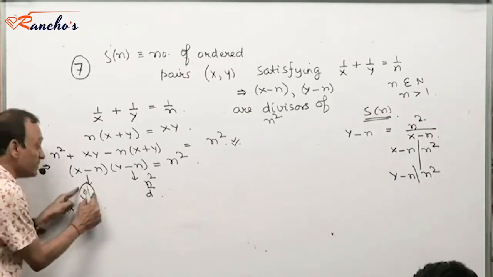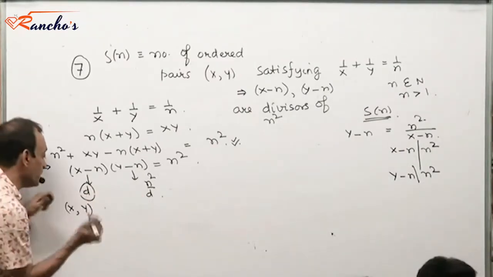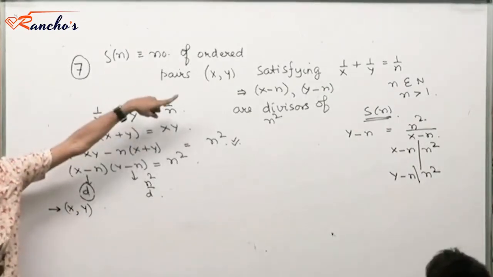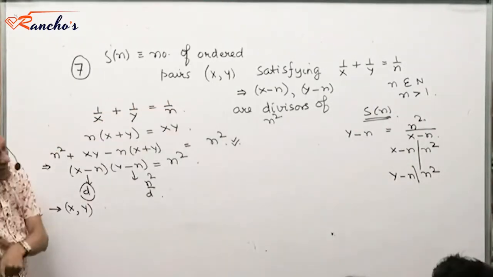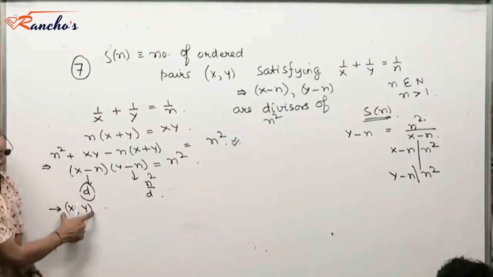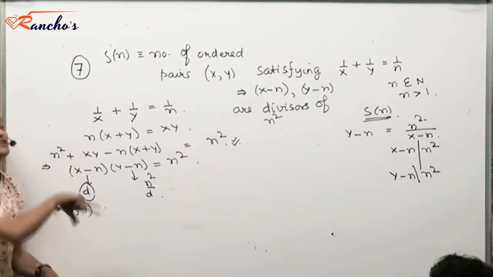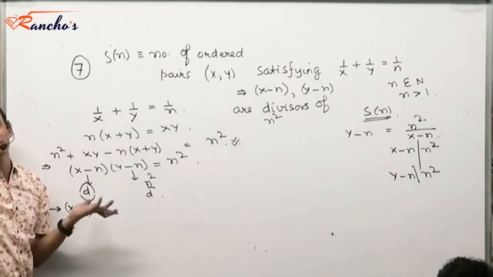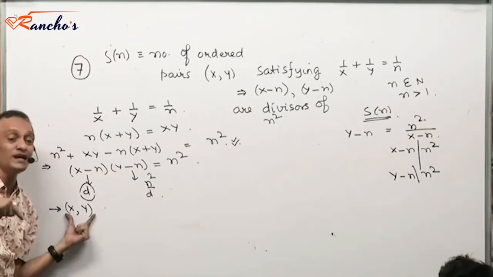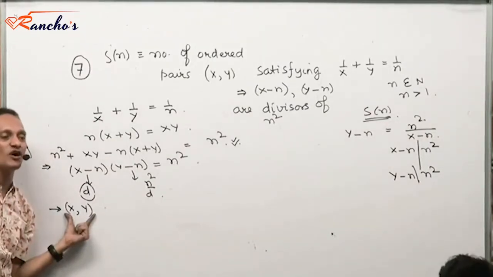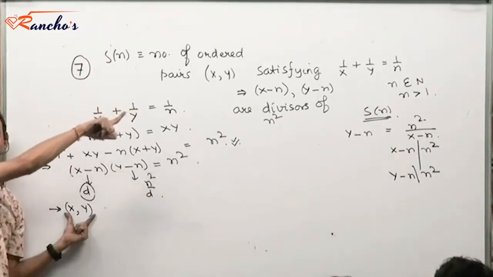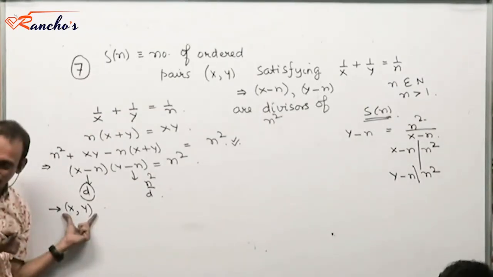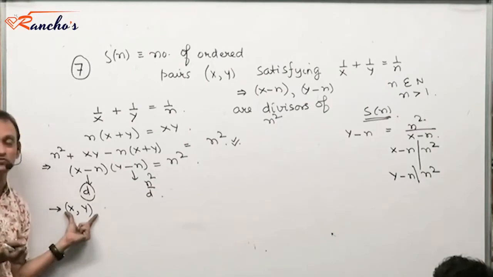That means a given divisor d will give me an ordered pair x comma y, which is a solution to that equation. Every divisor d gives me uniquely a value x comma y. The number of divisors will give me the number of xy's. Yes or no? Yes.